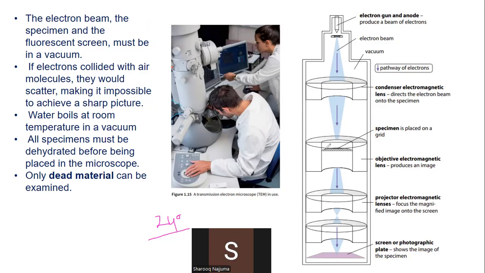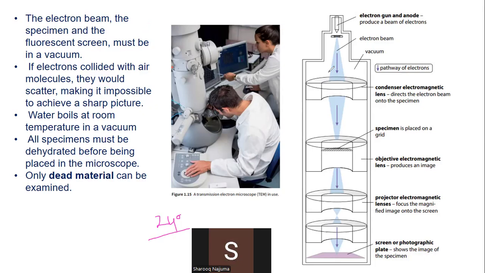So this is why any specimen to be observed using an electron microscope has to first be dehydrated so that all the water is removed. Because if you do not dehydrate it, water will evaporate and then interact with this beam of electrons. And then the electrons will not be focused, thus you'll not have an image made. So specimens have to be dehydrated so that we have no water.